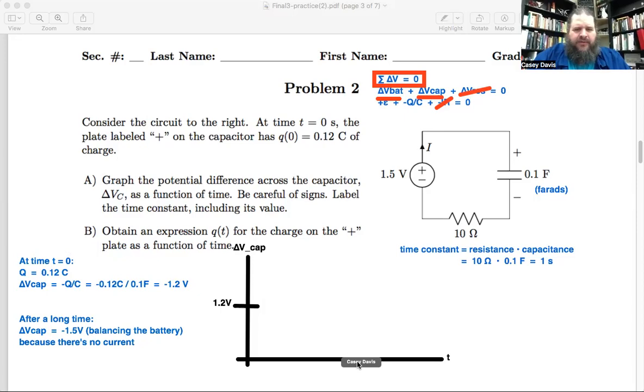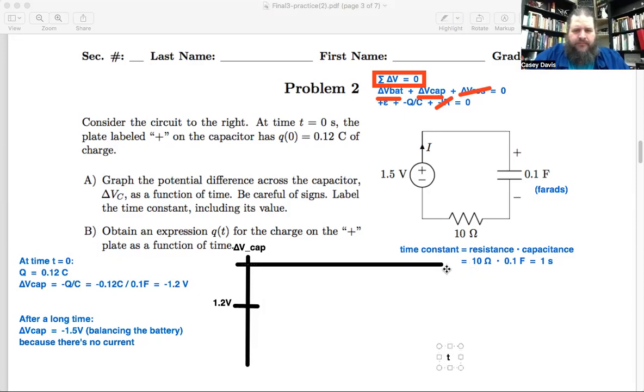So let's go ahead and put the time axis up here and call this negative 1.2 volts. And we also know after a long time, the delta V of the capacitor will be negative 1.5 volts.